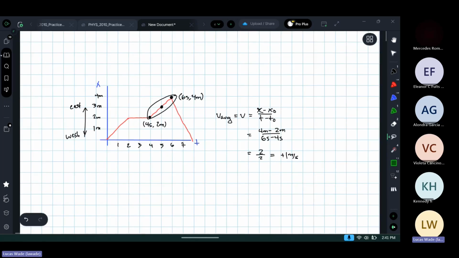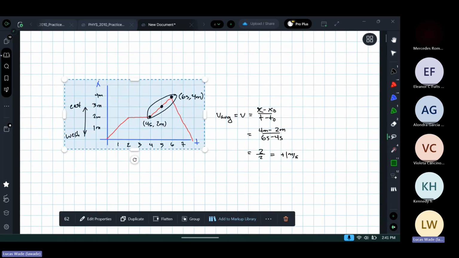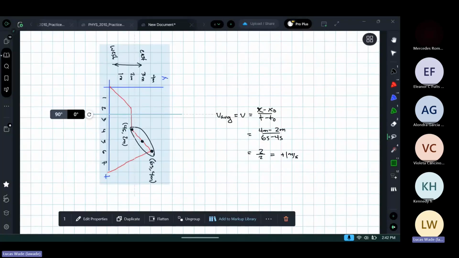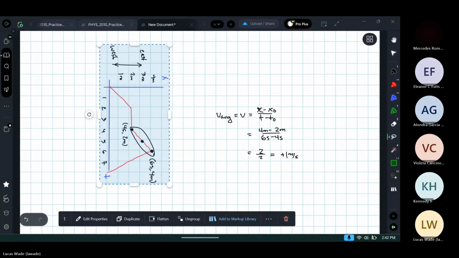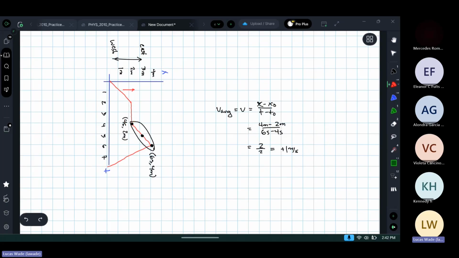And this is where I said, if you're not sure, it can help to take your whole graph and just rotate it. And then it's a little bit clearer to see, okay, right means east. So in this first leg, I'm moving east. I'm not moving for this second leg because I'm not going east or west, left or right.